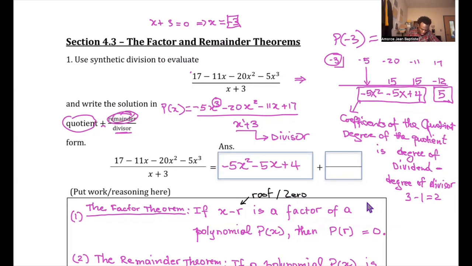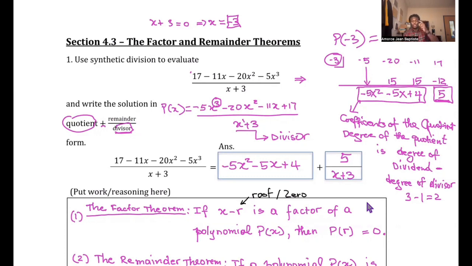And then the remainder is the top, that was 5, over the divisor, which is what was in the denominator of your division, x plus 3. So that is the result of your synthetic division.